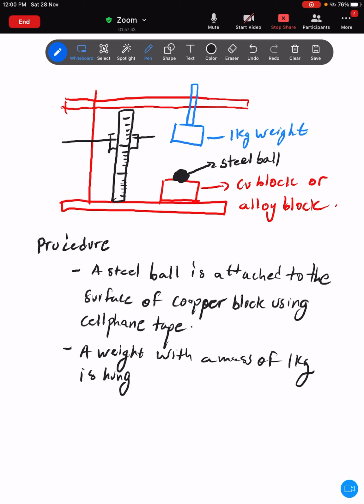Okay, at a height, maybe lah, jangan tinggi sangat, of 50 cm above the steel ball.